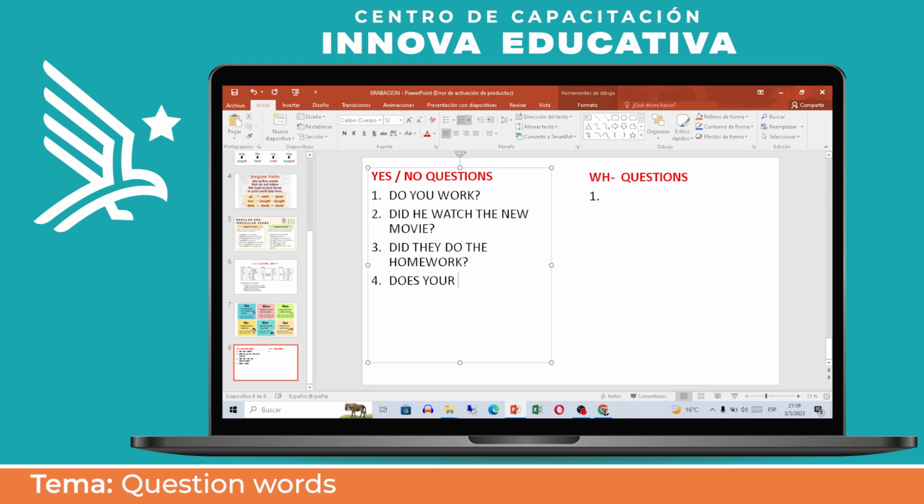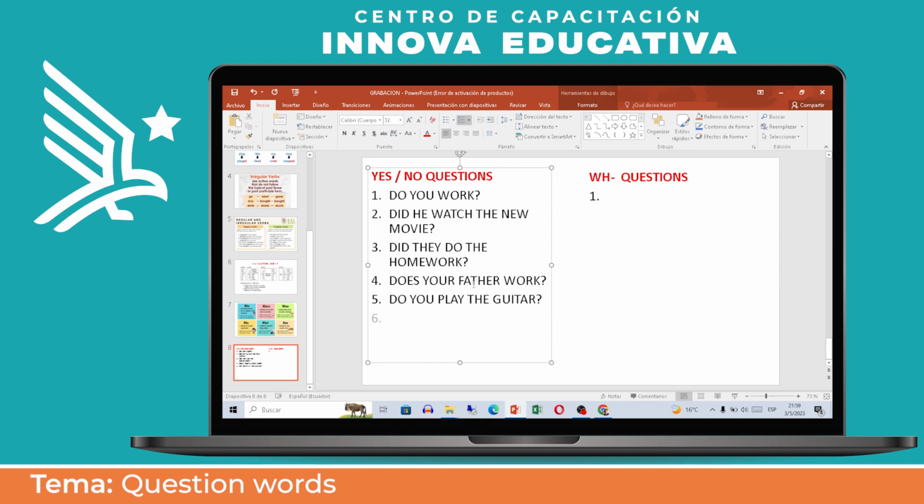Let's make another in simple present. Does your father work? Do you play the guitar?